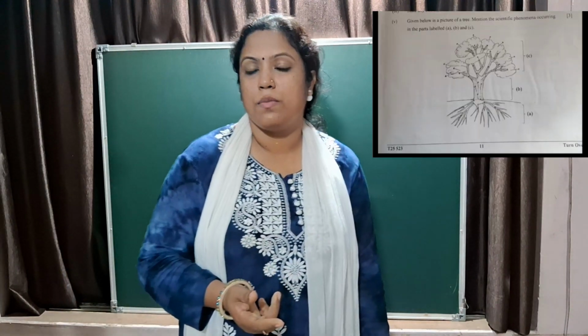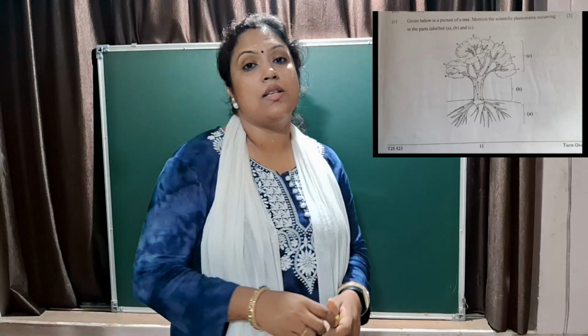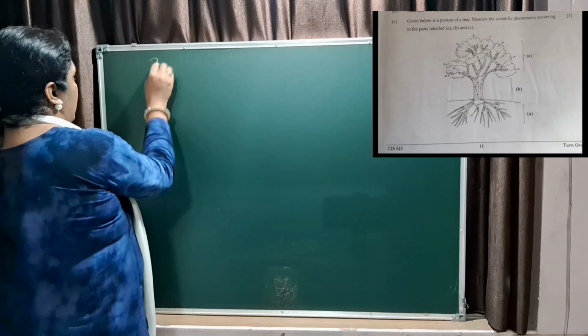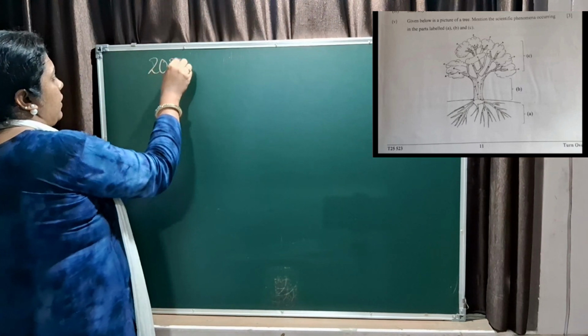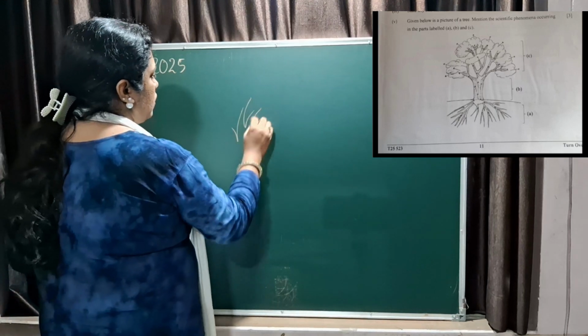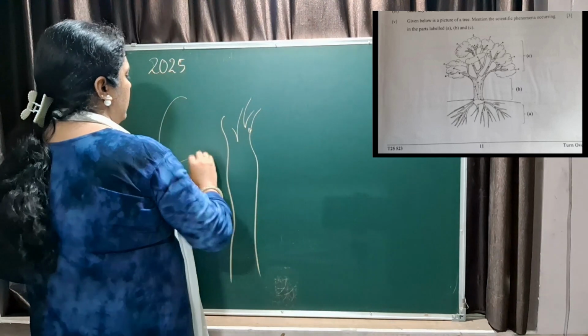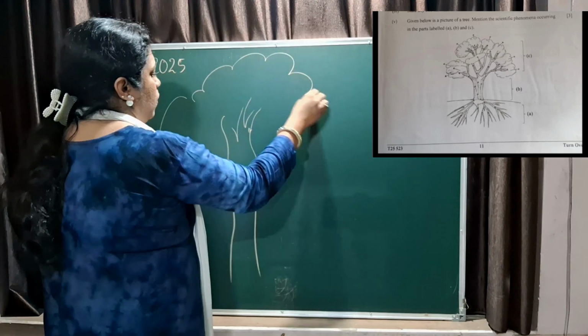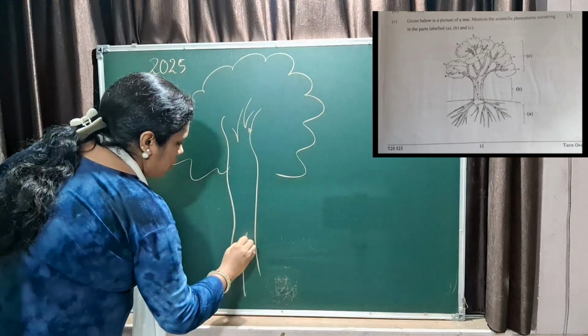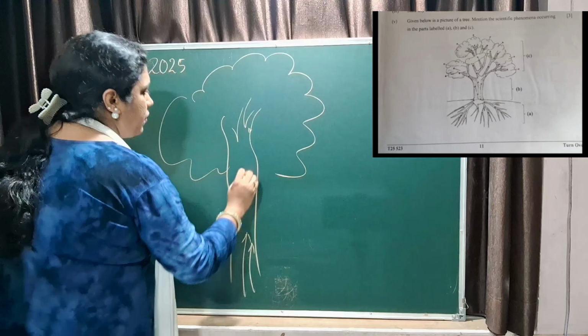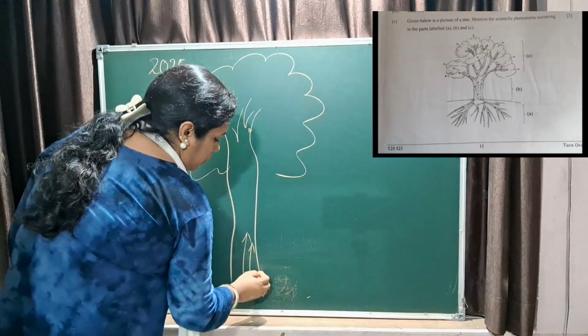Now, as I promised, about the important question that was asked in the year 2025. The entire tree was given in the question, and the question asked what these arrows denote. The root is also there.